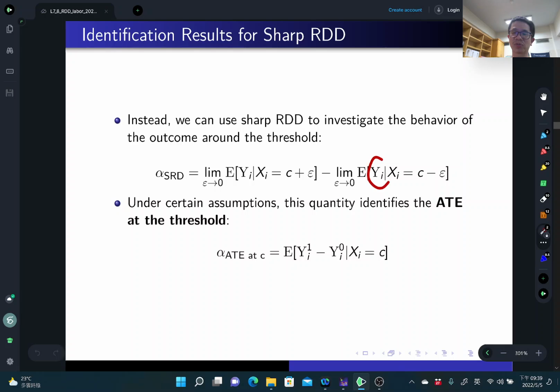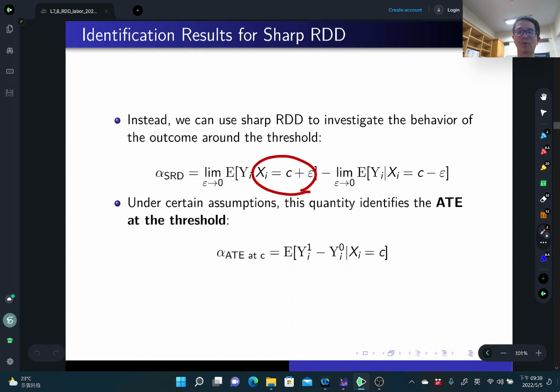So we can use their mortality rate as the counterfactual outcome for those people who are just above the 21st birthday.